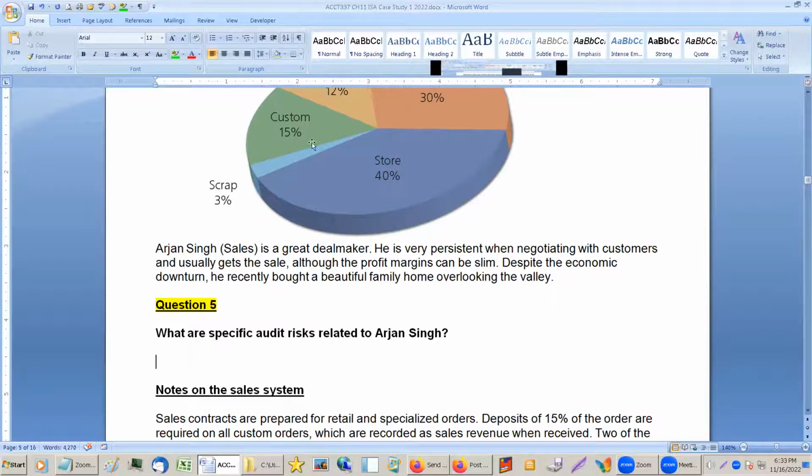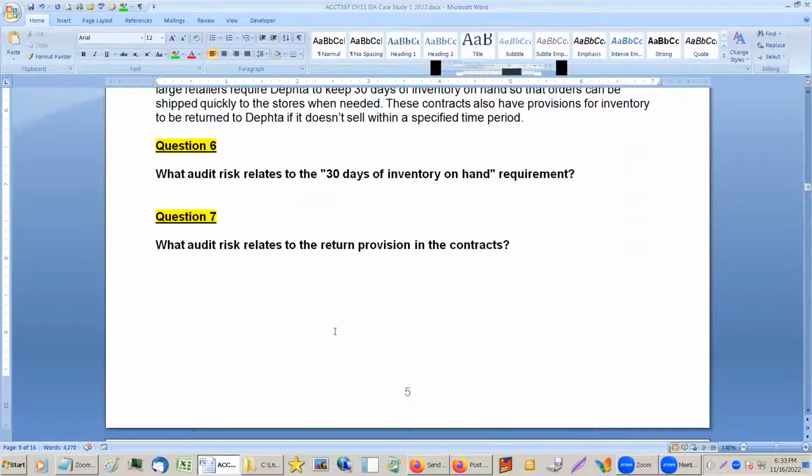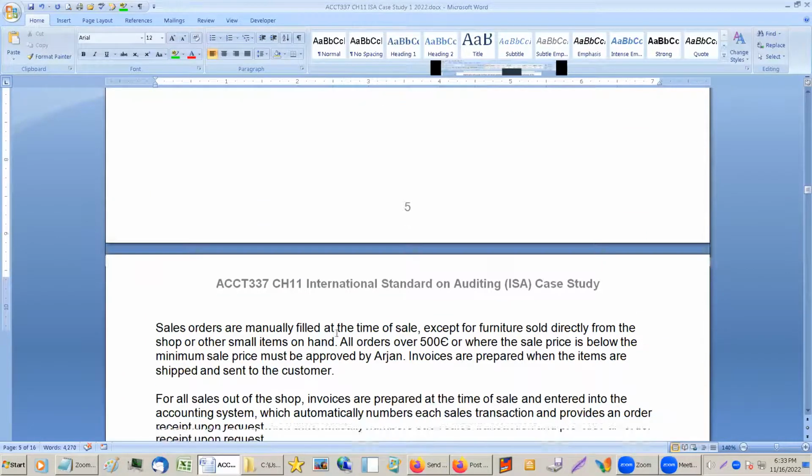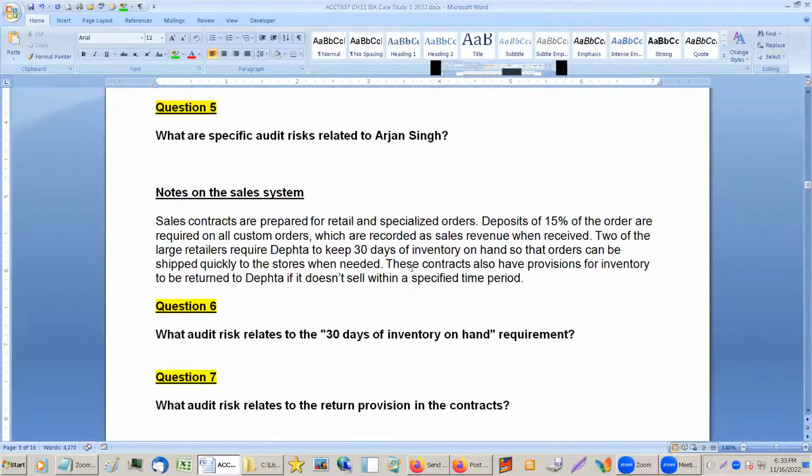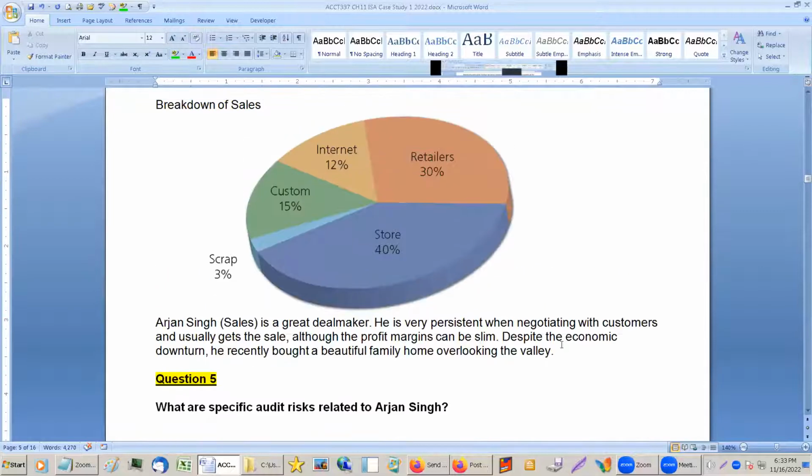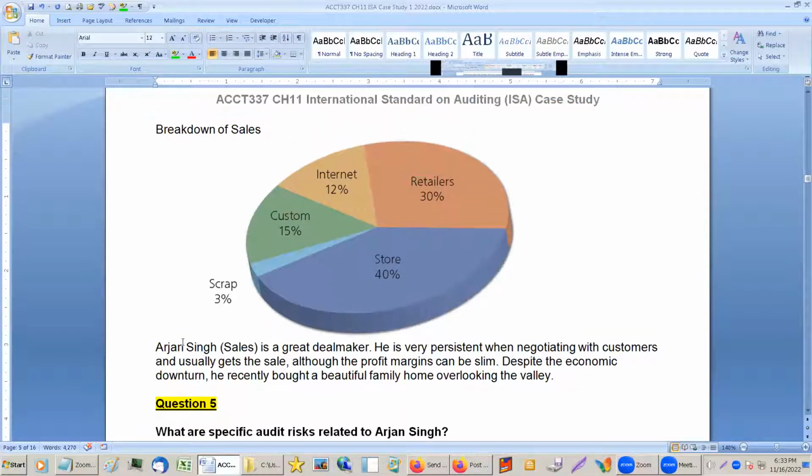I think the more I think about this question, I think it's answered a little more down here below. So Arjan, great deal maker, negotiating with customers, although the profit margins can be slim.